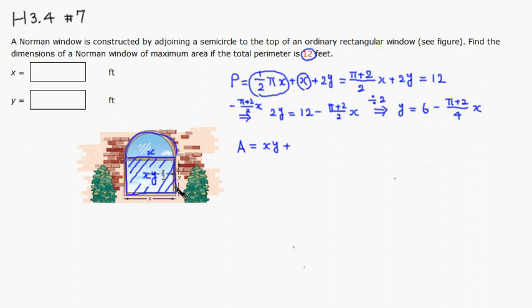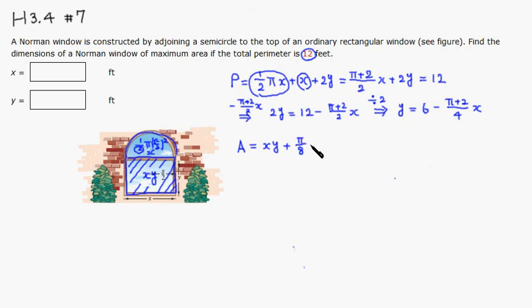Then we have the semicircle part, the top portion. This is just 1/2 of the whole circle, so 1/2 pi r squared, but the r is actually half of x, so it's x over 2, squared. If you simplify that, there's a 2 here and 2 squared, so that's going to be 8.